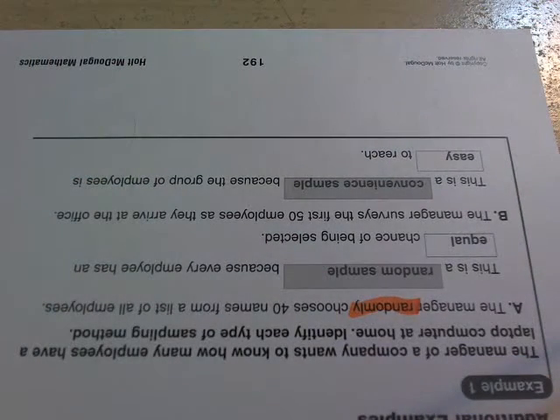Well, notice key word here, operative word, is they use the word random right in the question. If they're doing it randomly, it's got to be a random sample. Now, be careful, because they could be talking about a systematic sample.